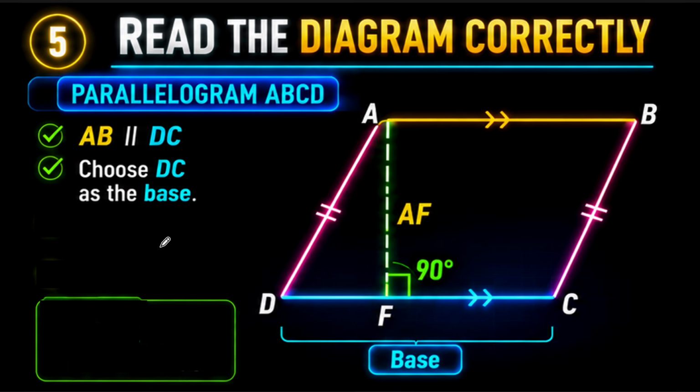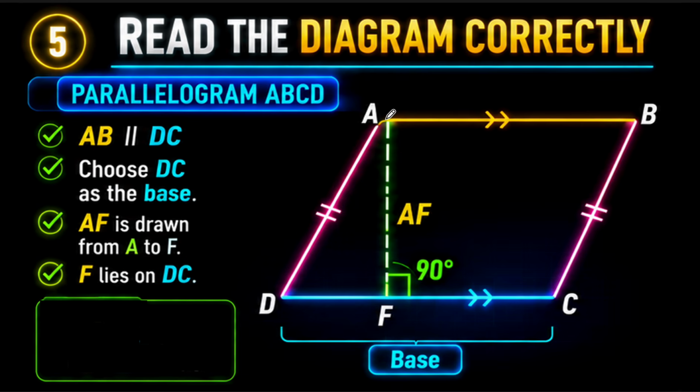And also, AF is drawn from A to F. Okay, so we draw an imaginary line here to represent a line. And after that, F lies on DC. So the F created here lies on the line segment DC, which is our base.